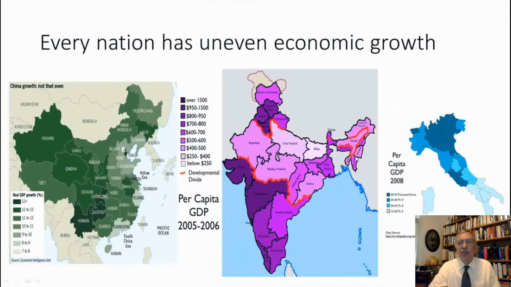And it's not just developing countries, but back to Italy again. There's been historically, this goes back to probably the Roman Empire. I bet you could go back and find that northern Italy was more industrial and wealthier than southern Italy.